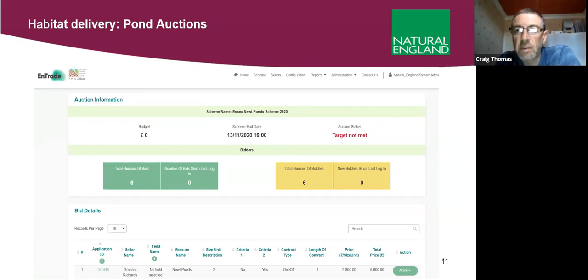They then deliver those ponds, but the work is overseen by, in this case, FWAG East, one of our delivery partners. And that's really been useful in places like Essex, where there's a lot of newt distribution in Essex. About 47% of ponds are occupied by the species, and there's quite significant development pressure. So pond auctions are a useful tool to ensuring that we always have enough ponds to service supply.